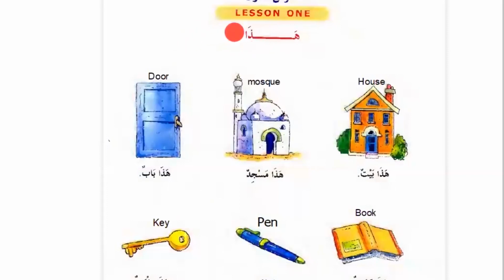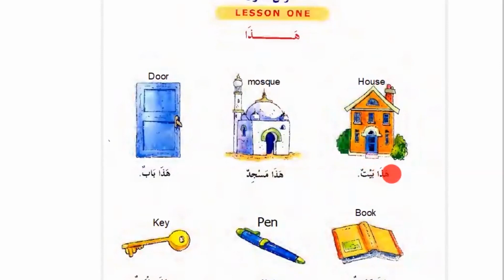Haza. They have certain things here that they are going to teach us their names, and then how the demonstrative pronoun applies to them.